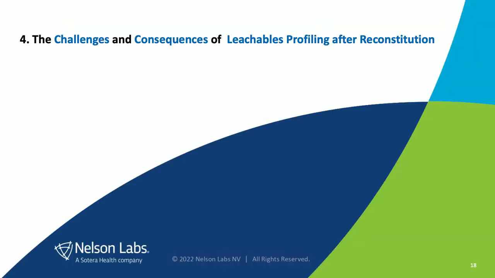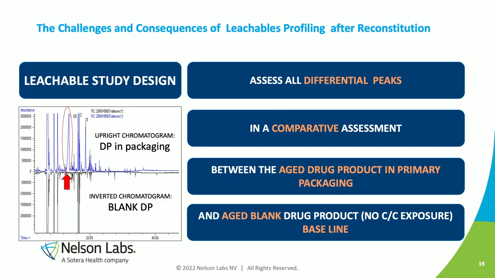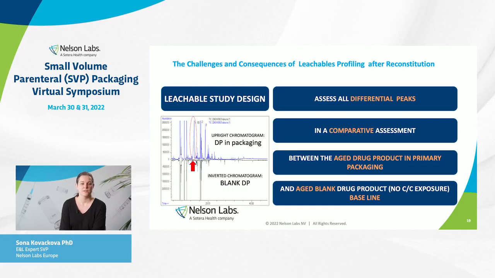Let's take a look at the challenges and consequences of leachables profiling after reconstitution. One of the biggest challenges is the unavailability of a true or genuine blank solution. The leachables assessment is a comparative assessment between the drug product in packaging which was aged and a blank drug product which was aged but had no contact with the packaging.